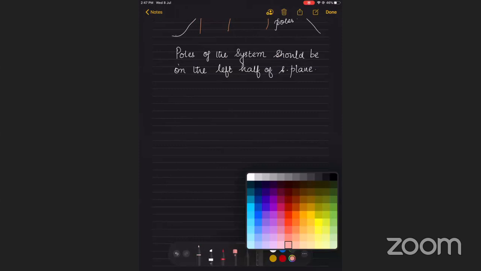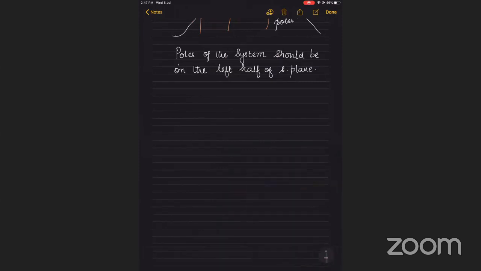So now we're going to look at discrete time systems.